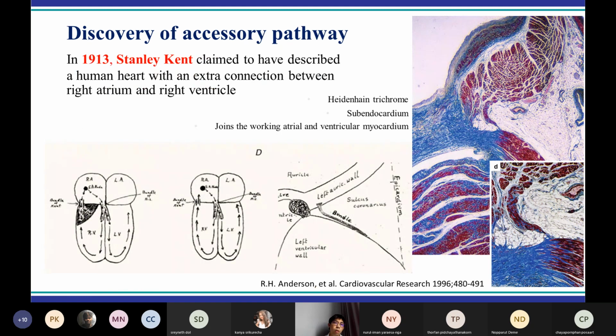And in 1913, Stanley Kent discovered a human heart with an extra connection between the right atrium and right ventricle. So this accessory pathway was called a bundle of Kent. If anyone has heard about it before, sometimes we used to call the accessory pathway a bundle of Kent.